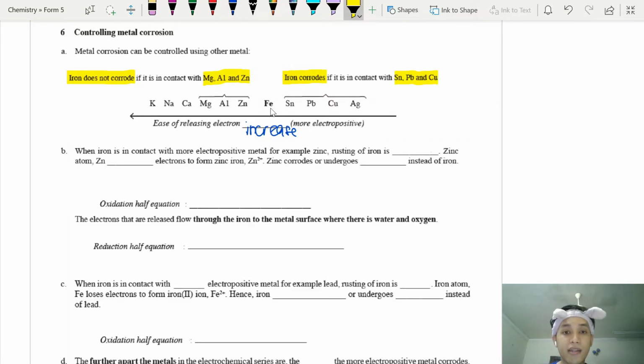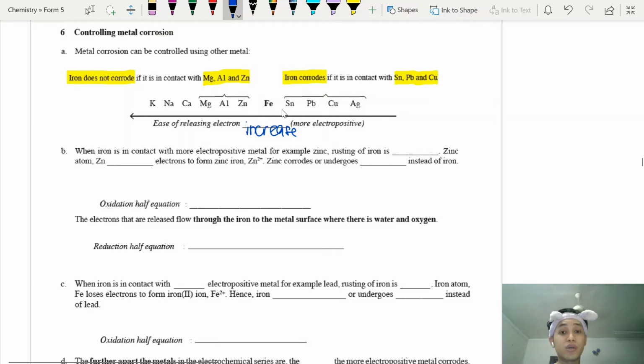If I wrap iron with tin or copper, it will corrode faster because they are further away. The further you are, the more reactive it is. So basically, that is the general idea.